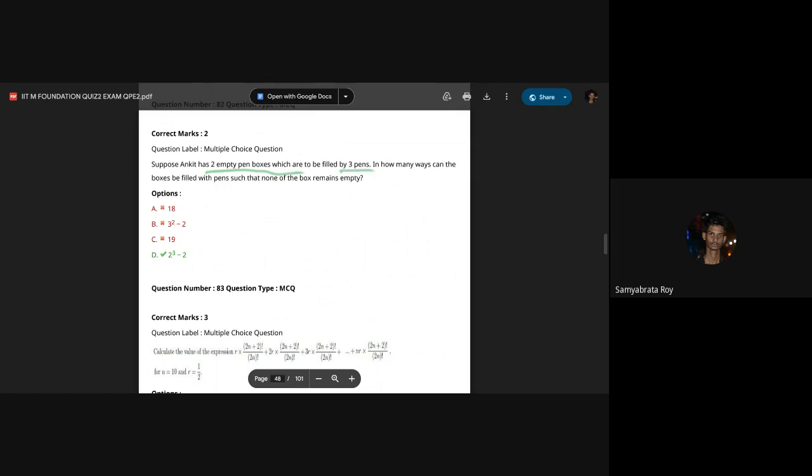In how many ways can the boxes be filled with pens such that none of the boxes remain empty? 2 boxes and 3 pens. Tell me. How many ways are there?